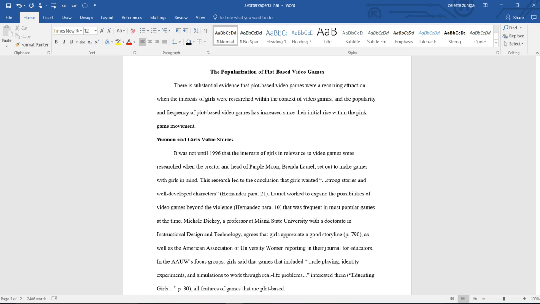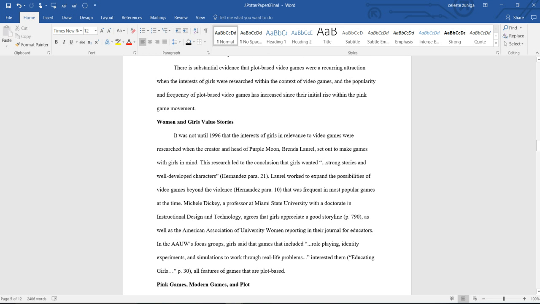It was not until 1996 that the interest of girls in relevance to video games were researched, when the head of Purple Moon, Brenda Laurel, set out to make games with girls in mind. This research led to the conclusion that girls wanted strong stories and well-developed characters. Laurel worked to expand the possibilities of video games beyond violence that was frequent in most popular games at the time.